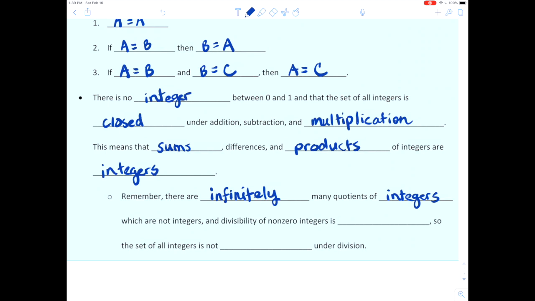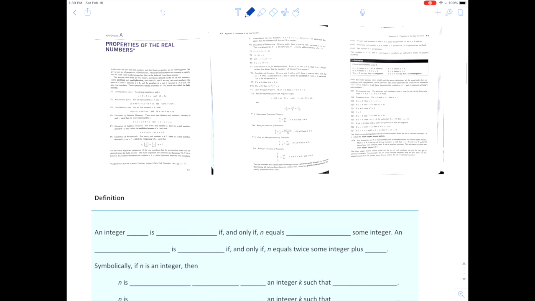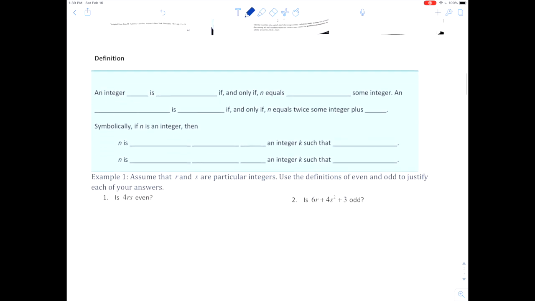And division of non-zero integers by 0, sorry, there is a missing part there, is undefined. So the set of all integers is not closed under division, that operation. Okay? All right, so now let's get to this next definition.